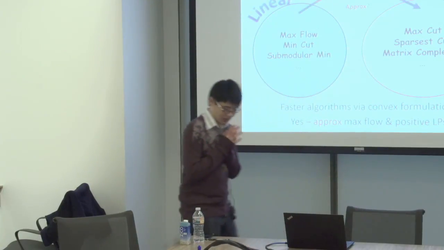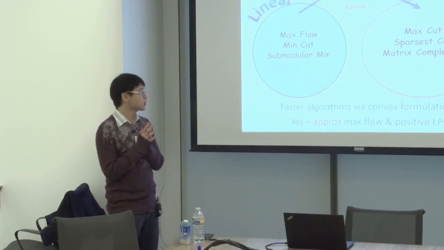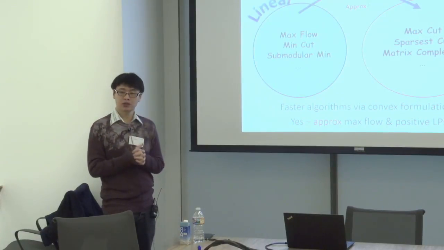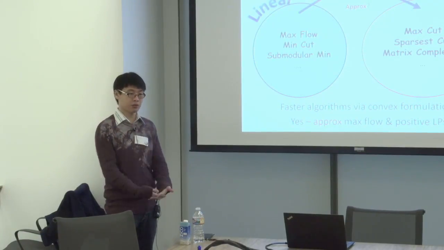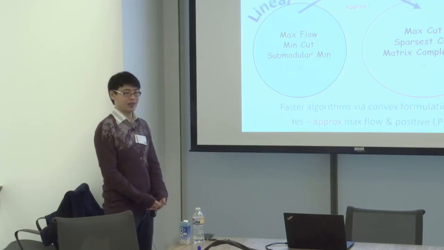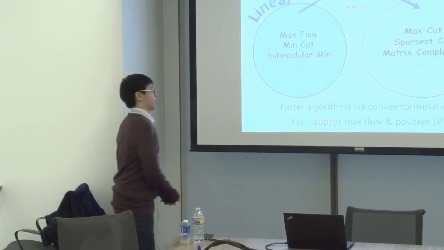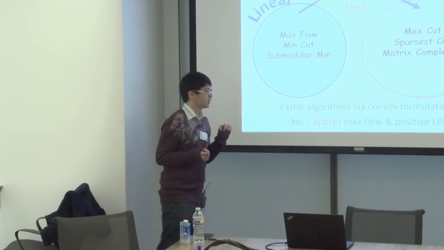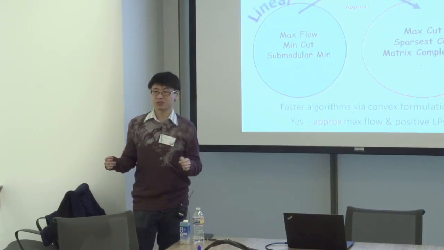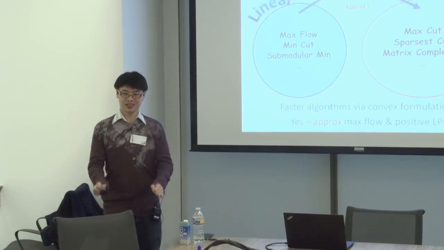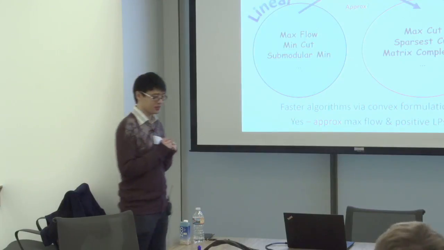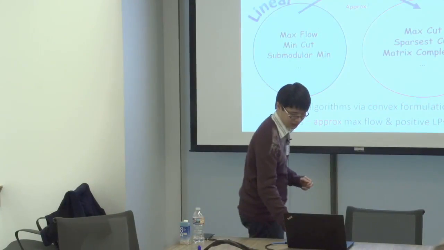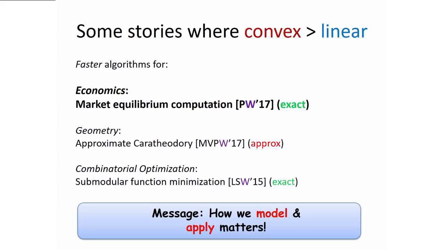All right, so we've seen two examples where approximation helps. For this approximate version of the problem, we can get a provable speedup by going convex. So a natural question is whether you can do something similar for exact problems. And that's part of the talk today.